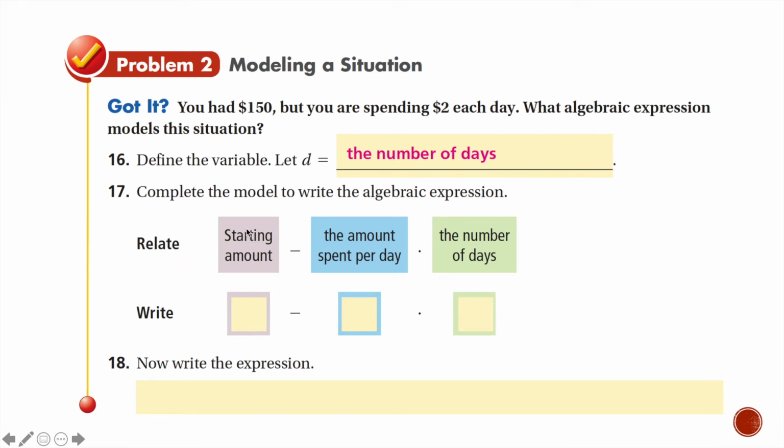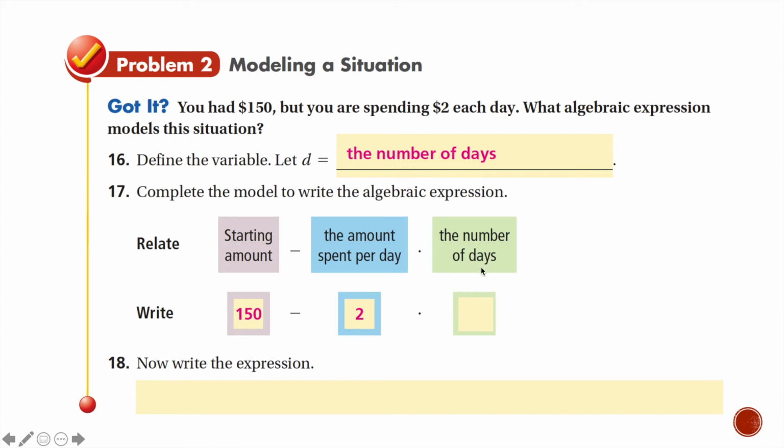Relate. What is our starting amount? You had $150. So our starting amount was $150. The amount spent per day was $2. So I'm going to put a 2. But each day, that per day part, becomes the number of days, which is what we said our variable d stands for.